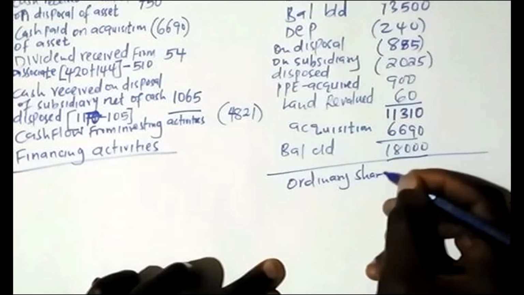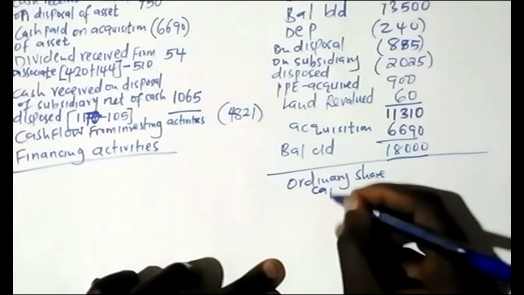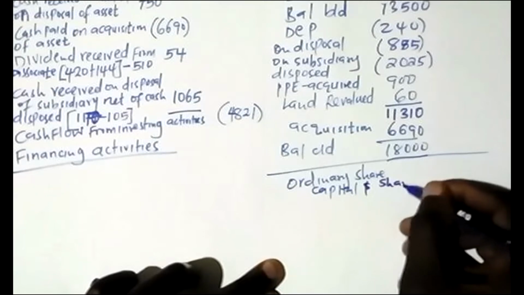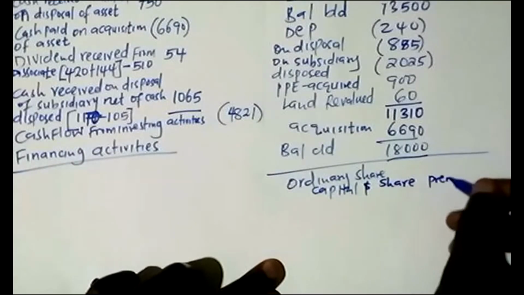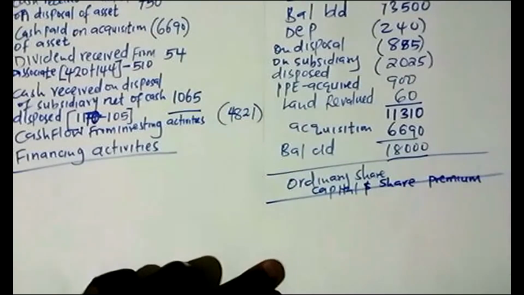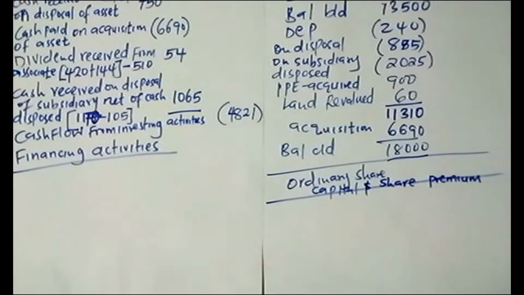Under ordinary share capital, I will combine it with share premium. So I will combine the two: ordinary share capital and share premium.